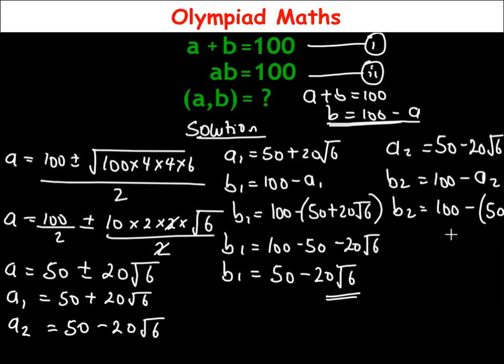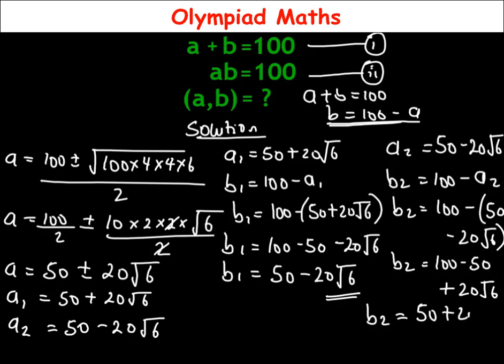Now minus times 50 is minus 50, then minus times minus 20 root 6 is plus 20 root 6. So we have it that b2 is equal to 100 minus 50, which is 50, plus 20 root 6. Now we've gotten the value of b.